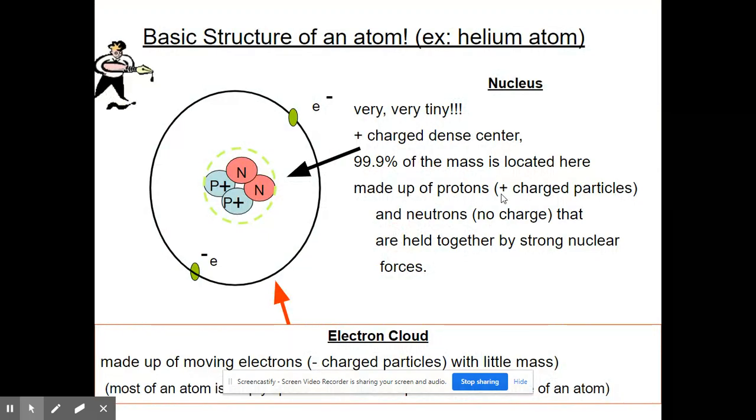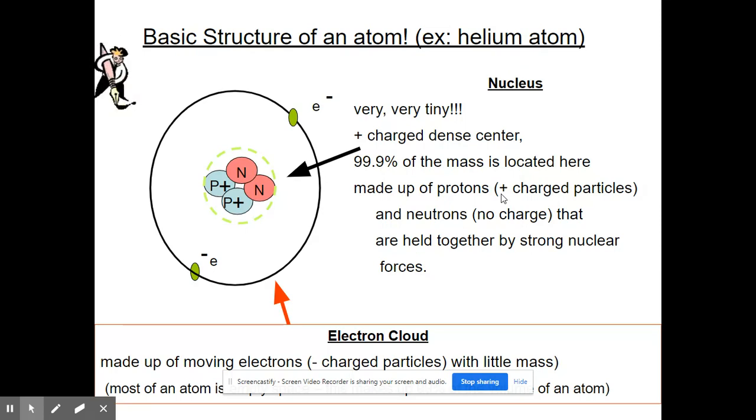So the basic structure of an atom, of these 120 things that make up everything around us, is a very, very, very tiny nucleus. Inside the nucleus is a small, dense center. It's made up of most of the mass, almost 99.9% of the mass. Inside this nucleus, you'd find protons, or positively charged particles, and neutrons. They're held together by strong nuclear forces that cannot be taken apart.